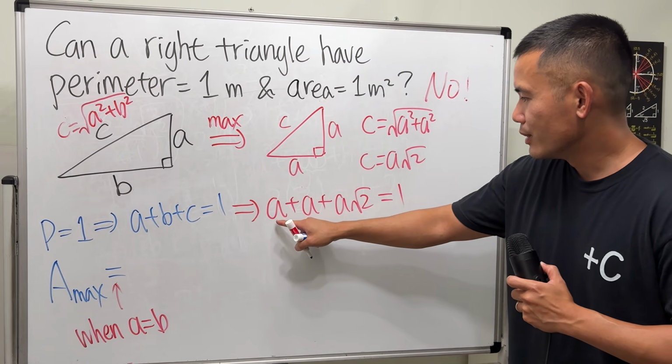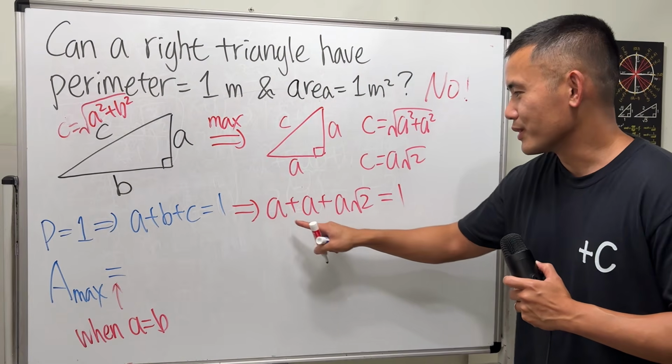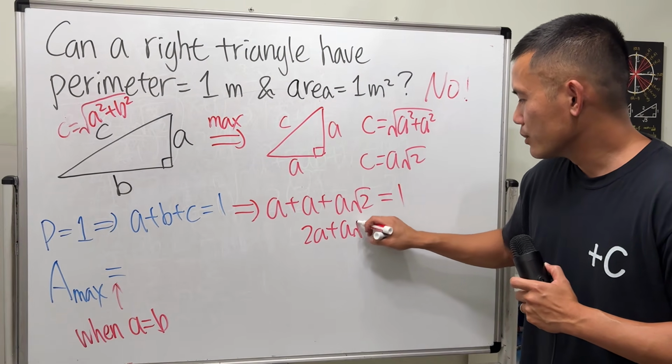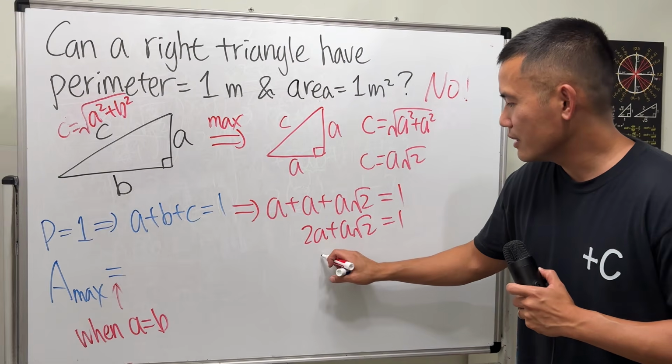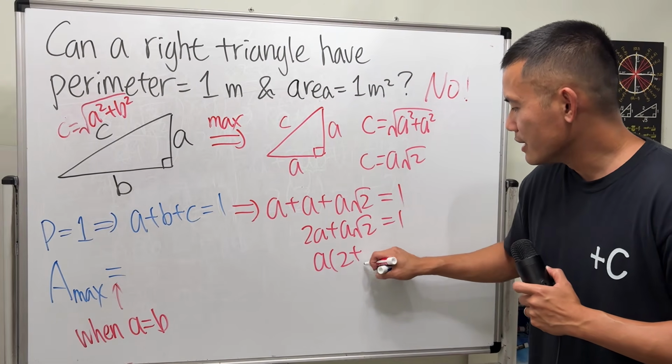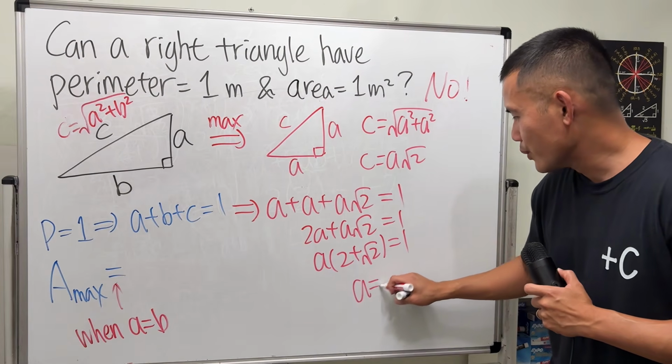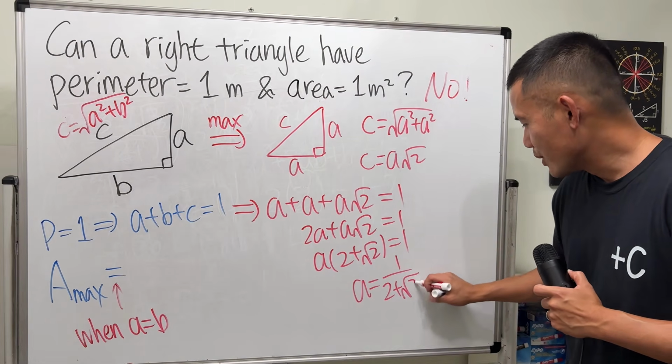So we can do 2A plus A square root of 2 is equal to 1, and then factor out the A. So it's A times 2 plus square root of 2 is equal to 1. Then divide both sides by this, so A is equal to 1 over 2 plus square root of 2.